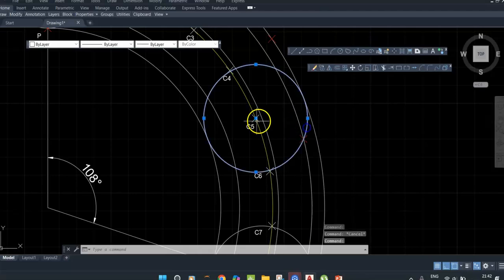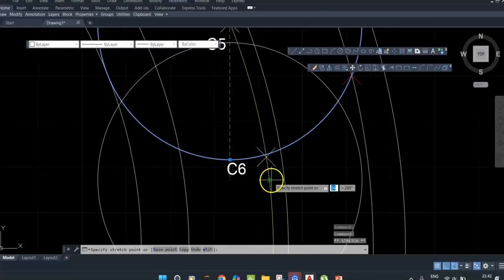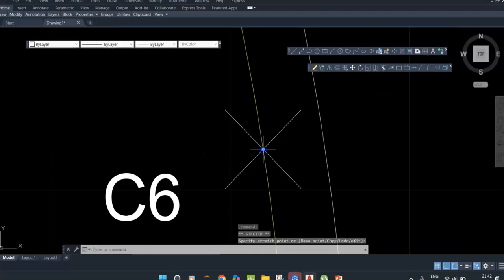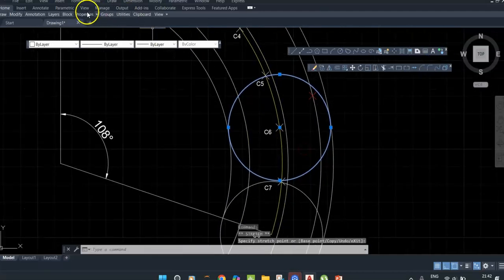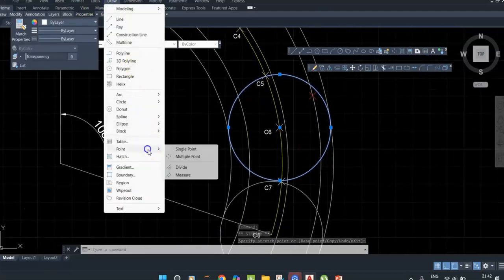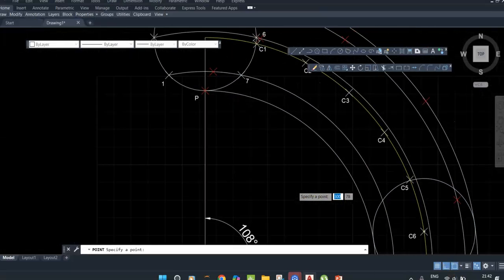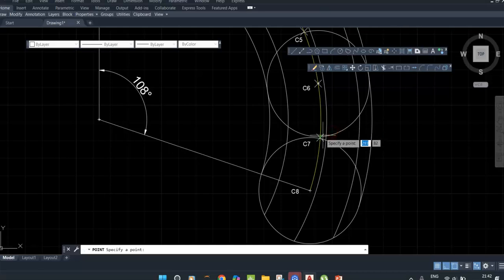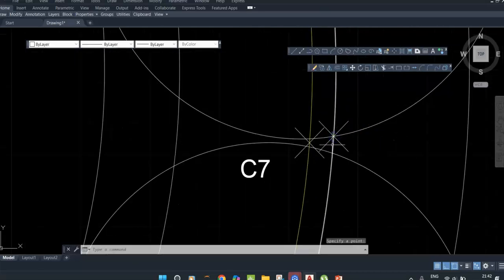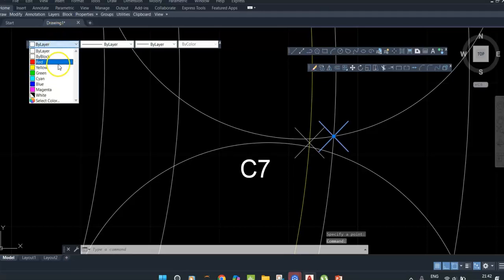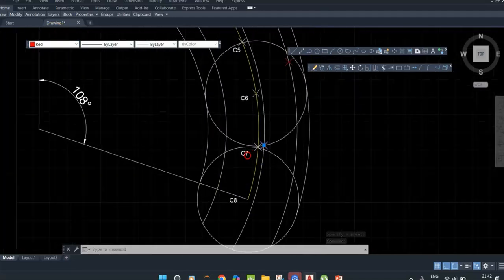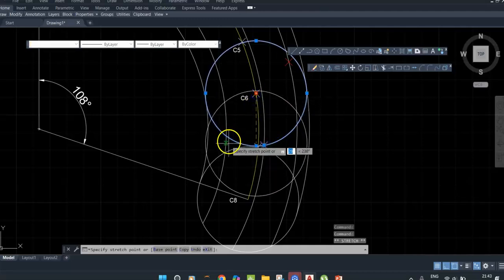Thereafter, from C5 to C6, draw a single point. Where is the C6 line? That is this one. Carefully mark the point on the locus lines only, otherwise the curve may be of irregular shape.